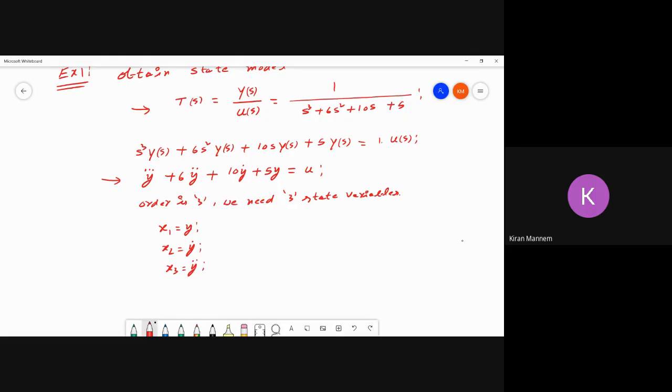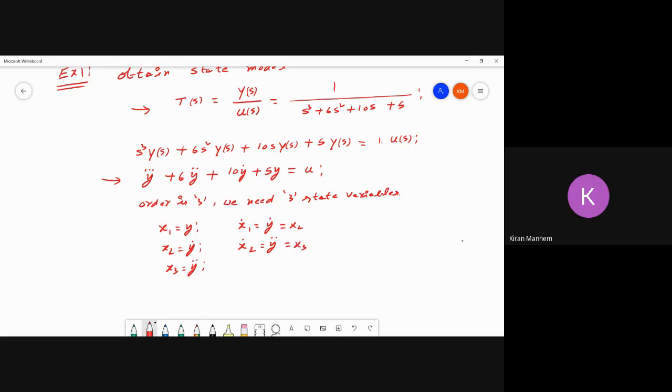Now, what is the first order differentiation? x dot 1 would be y dot, which is equal to x2. I'm using the same procedure to obtain the state model. x dot 2 is equal to y double dot, which is equal to x3.